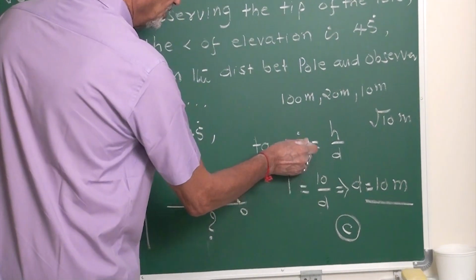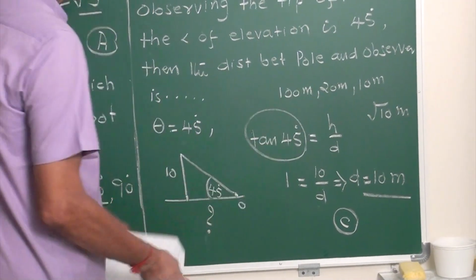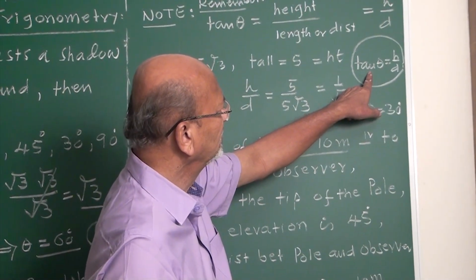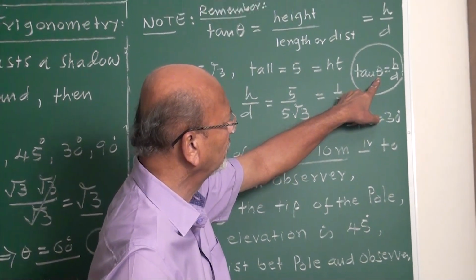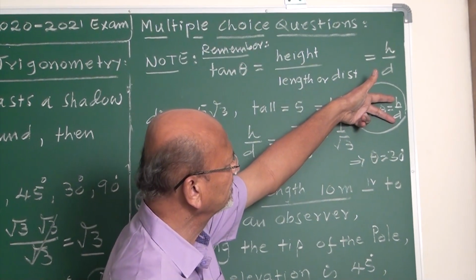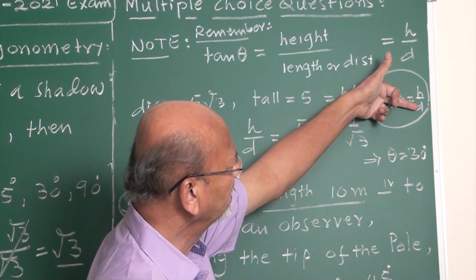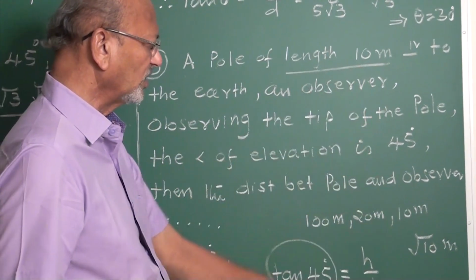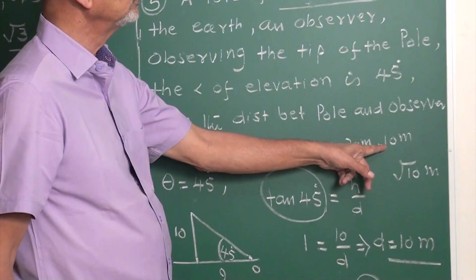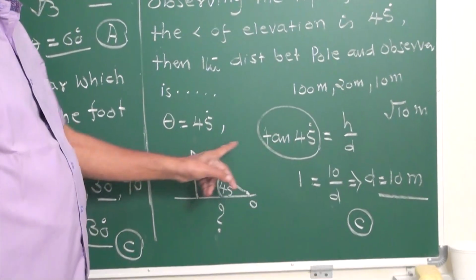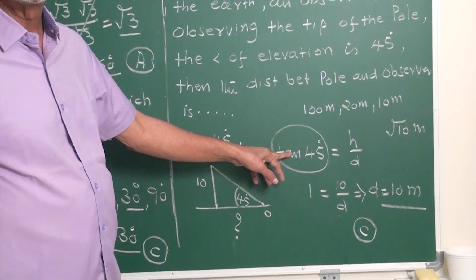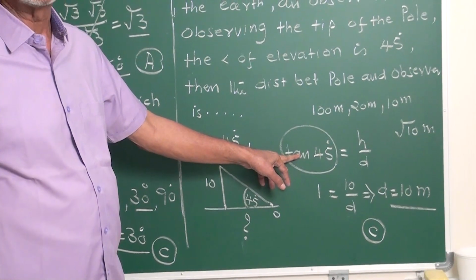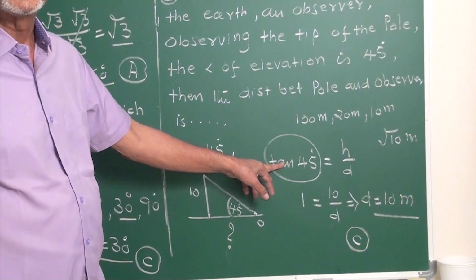When the angle is 45 degrees, my friends, this LHS is 1. If the angle is 45 degrees, height and distance are the same. If the height is 10, directly you mark the answer 10. No need of writing all these things, man. All such things are tips, my friends, to directly write the answer in MCQs.